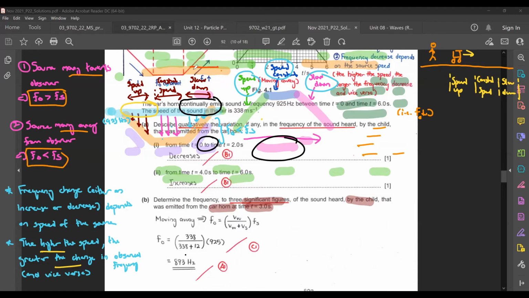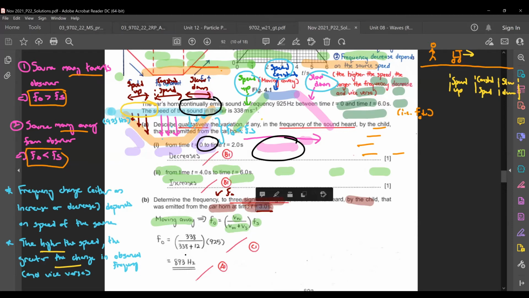They want you to find the observed frequency at t equals 3. So since we know that your car is moving away, f observed will be vW over vW plus vS times fS. So what you just need to do is this.